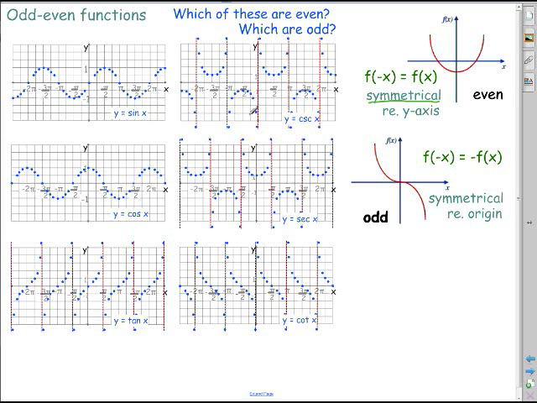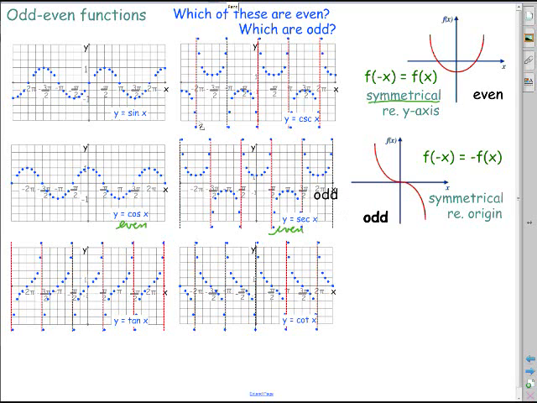This one is not, that's not even, but look at this beautiful one. This is even. And this one is also even. If it's symmetrical with regard to the origin, it's odd.